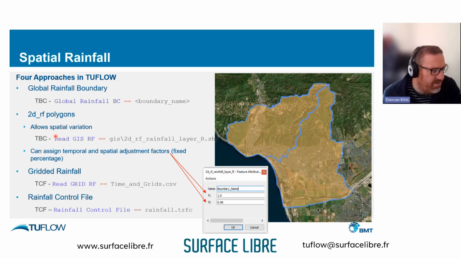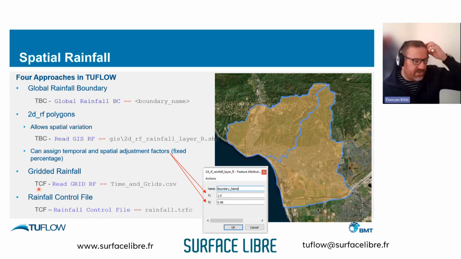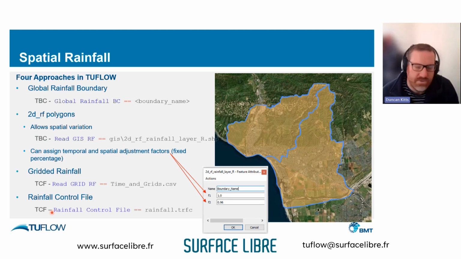So we read in different GIS RF polygons, and each of those can have temporal and spatial adjustment factors. We can use these as fixed runoff parameters if we wanted to as well. Or we could use gridded rainfall, and there are a couple of different ways we can do that. Or we can use the rainfall control file, which allows us to specify locations of rain gauges, and then TUFLOW will do some kind of interpolation between those.